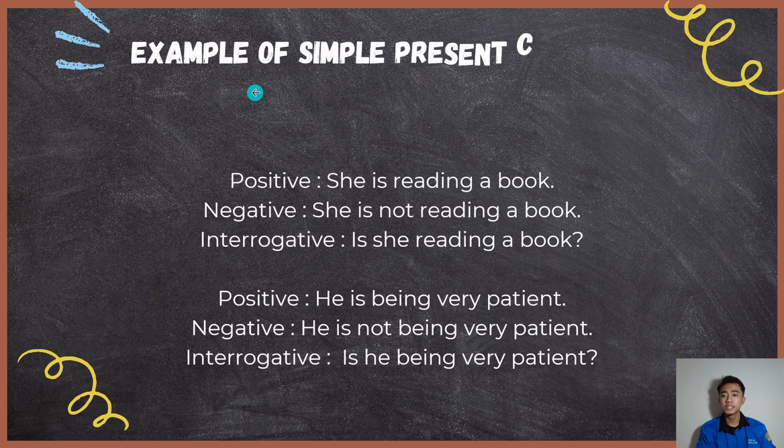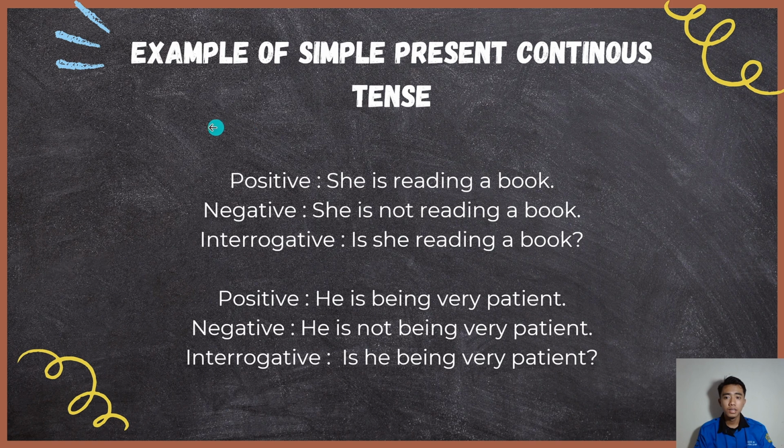Okay, this is an example of simple present continuous tense. Positive, she is reading a book, so this is subject. To be is. Read, verb 1 plus ing, and then this is a complement. Negative, she is not reading a book.